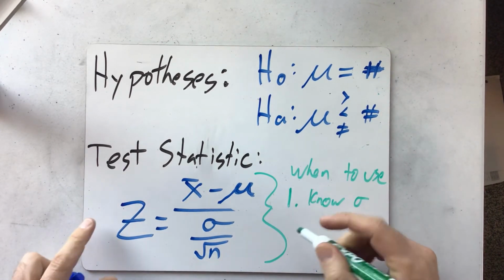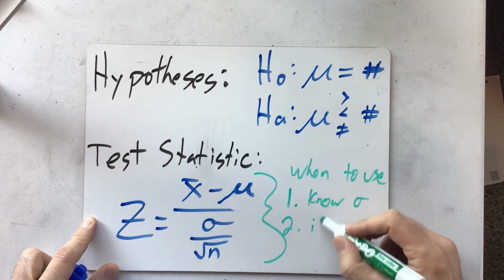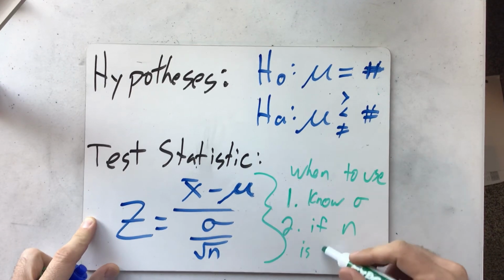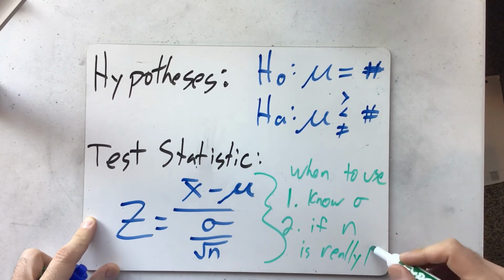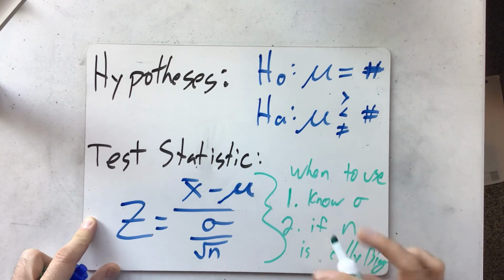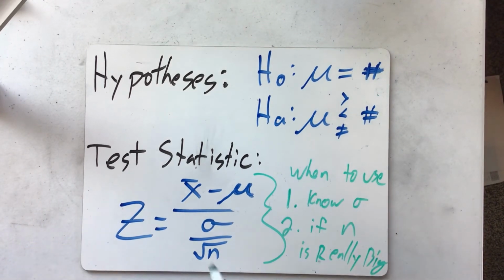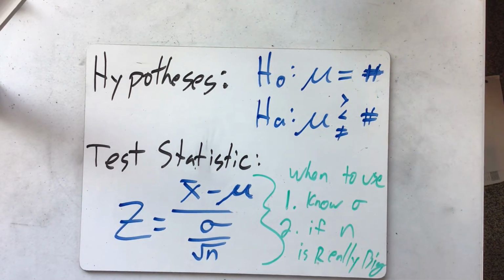The other option is if n is really big. If n is really big, then it works fine, because our sample standard deviation is pretty close to the standard deviation for the population. So how big is really big? Usually people take 30 as the standard point where it needs to be big enough.